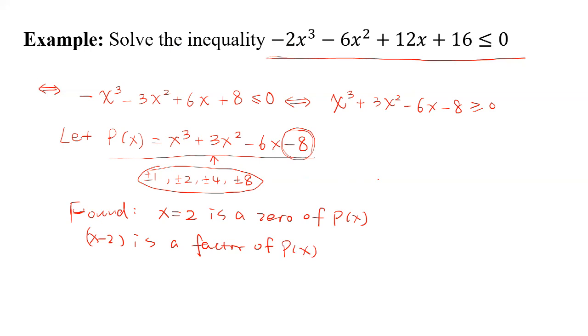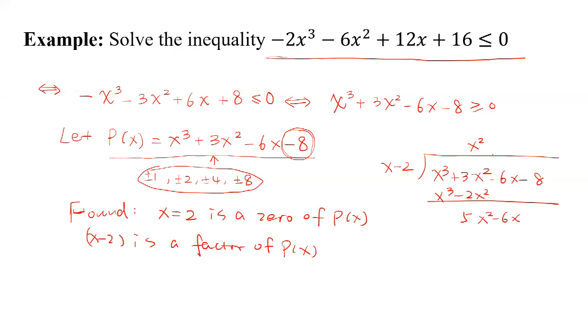In order to find the other factor, usually we'll perform a long division. So that means the other factor is x squared plus 5x plus 4.